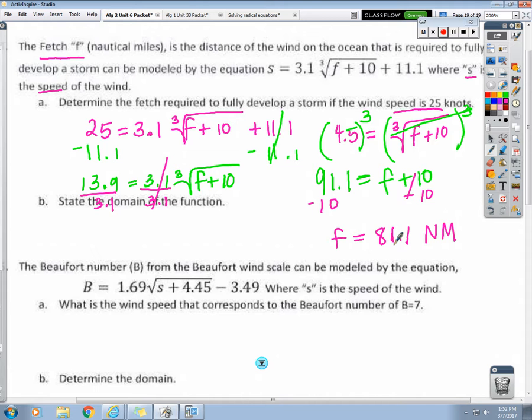Oh yeah, domain. Okay, domain. Look up under the square root. Remember, or cube root. When you were talking about nautical miles, can you have a negative amount of nautical miles? No, because nautical miles is like distance, and you can't have negative distance. So don't we have to have something 0 or bigger up under this?